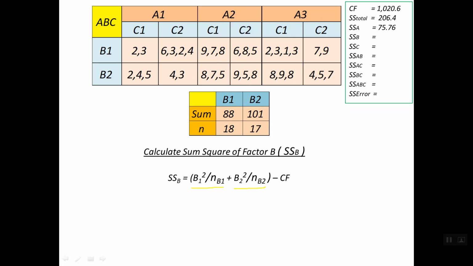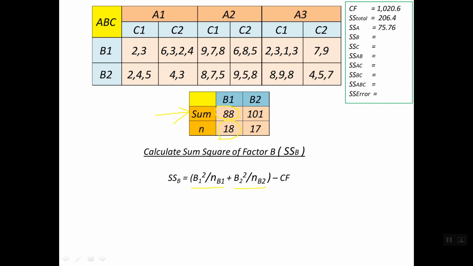We need to calculate the summation of B1 and the number of observations for B1, and the same for B2. Notice that in this summary table the sum of B1 is 88 and small n, which is the number of observations for B1, is 18.